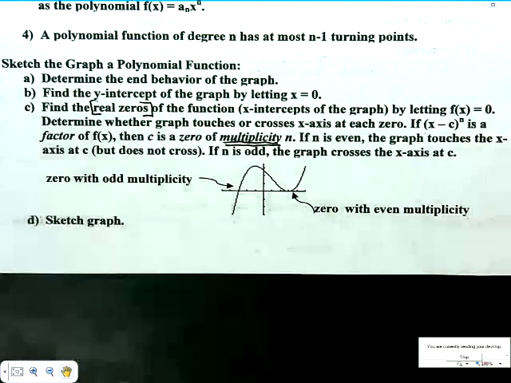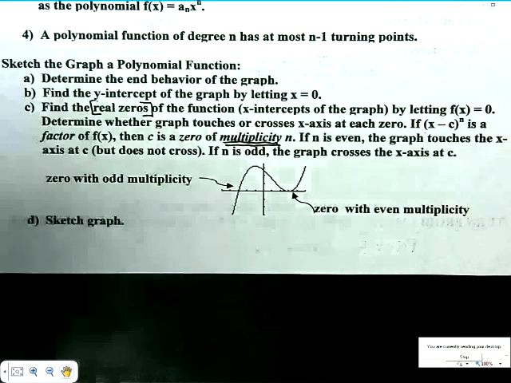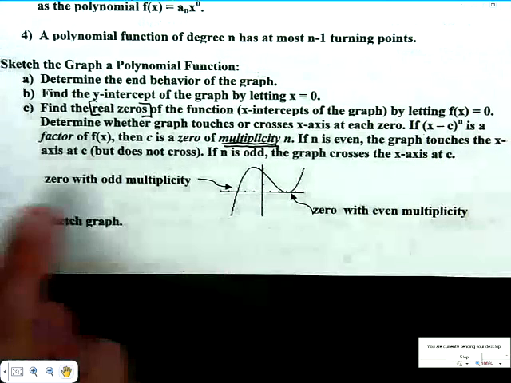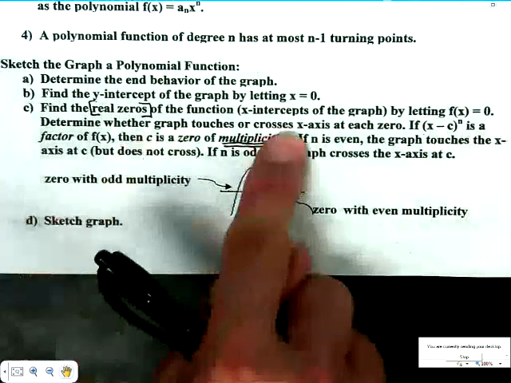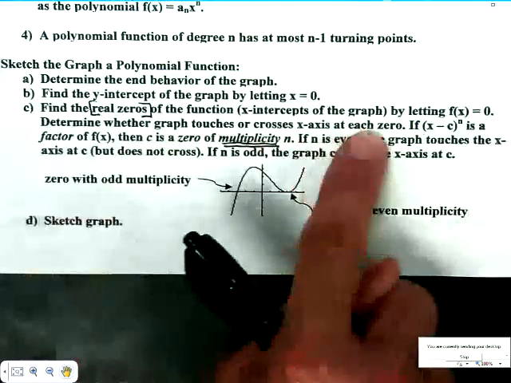And then the multiplicity of the x plus 7 to the 5th is just the exponent, 5. So whenever I say what's the multiplicity, I'm saying what's the exponent of that factor. And that's important because it tells you whether the graph touches or crosses the x-axis at that 0.